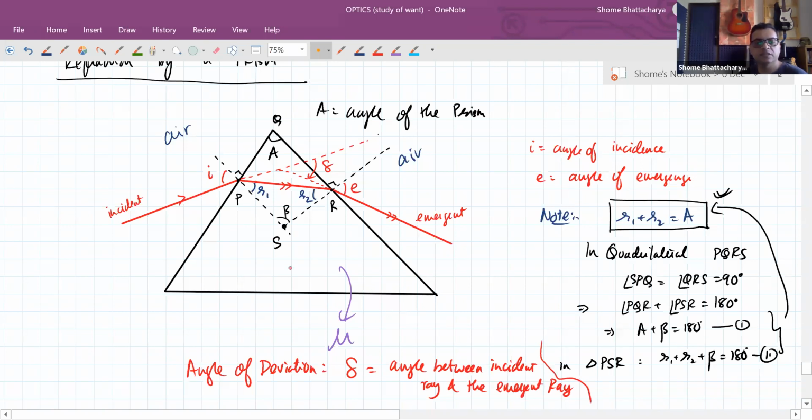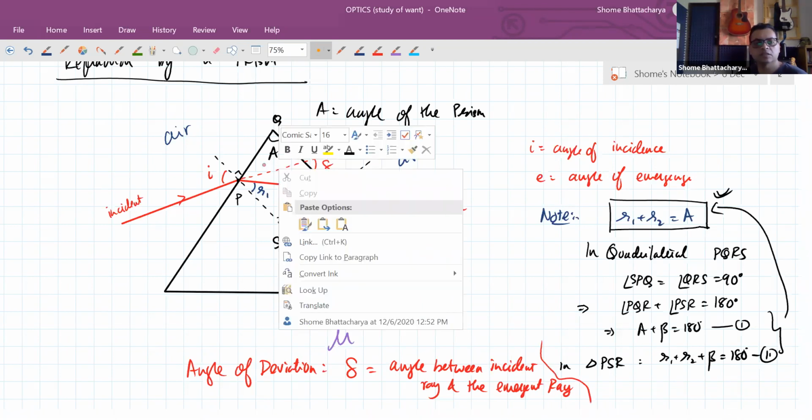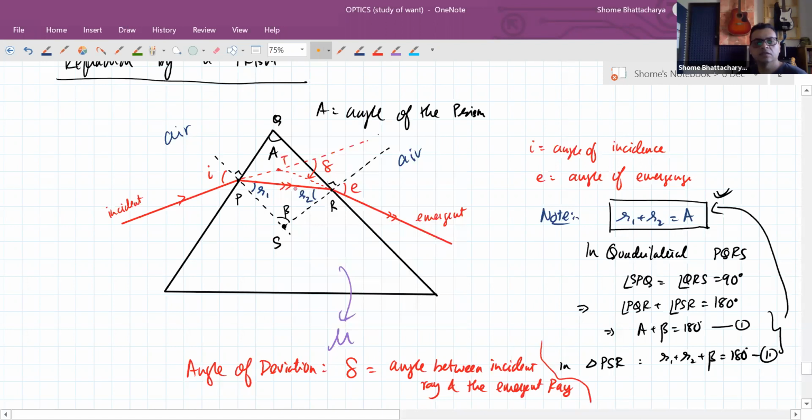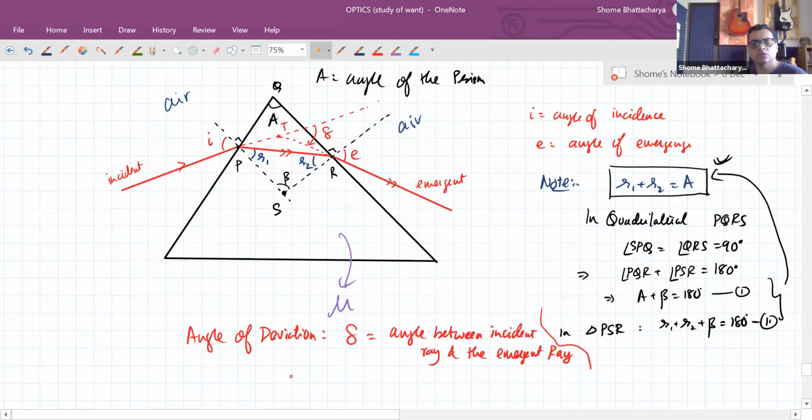There's a very easy way to calculate this. For that, I will label this point here as T, the point which I get when I produce back the emergent ray and the incident ray forward. So you can see that in triangle PRT, delta is the exterior angle, so delta should be equal to the sum of the interior opposite angles.